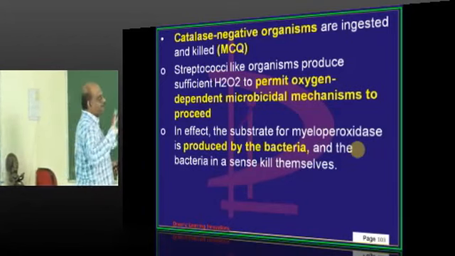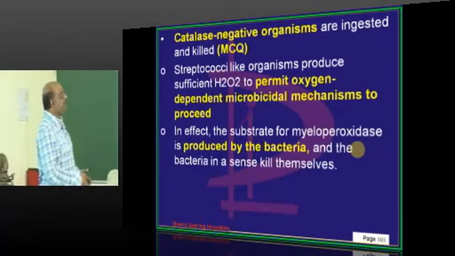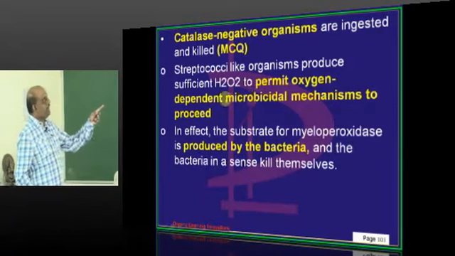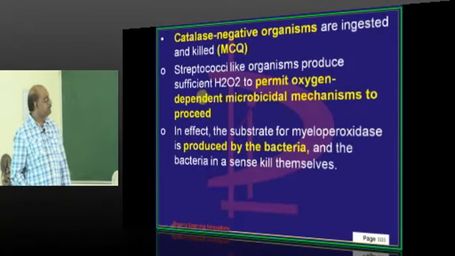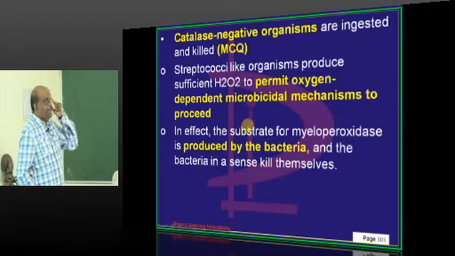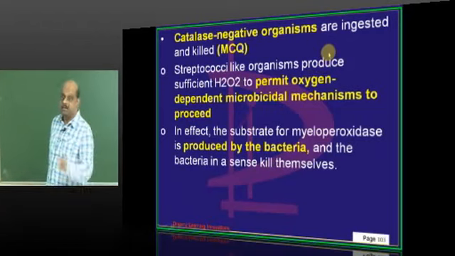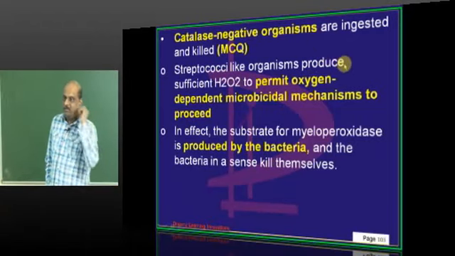Then how about catalase-negative organisms? Catalase-negative organisms during their metabolism will produce H2O2. Right? And what will happen then? They don't have catalase to break it down.